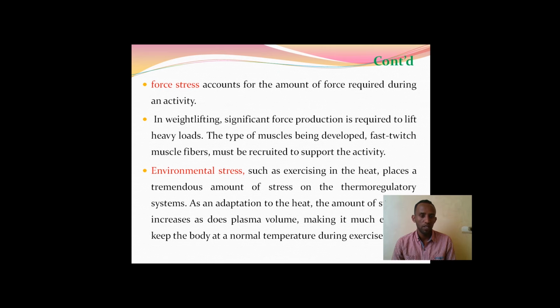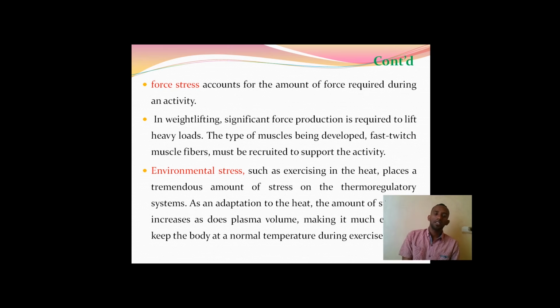For example, specifically in weightlifting, significant force production is required to lift heavy loads, and fast-twitch muscle fibers must be recruited to support the activity. Force is the amount required during an activity which helps you maintain your activity. So it's a really important one.